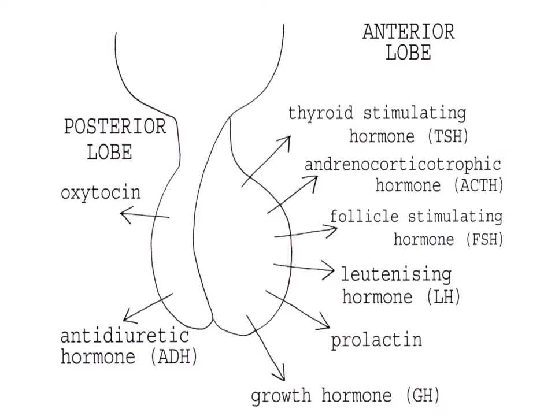Release of this hormone oxytocin may be stimulated by distension of the uterus in the later stages of pregnancy, and the oxytocin then stimulates the contraction of the uterine muscle during childbirth, during the process of delivery. And this explains why oxytocin may be used clinically to induce labour.